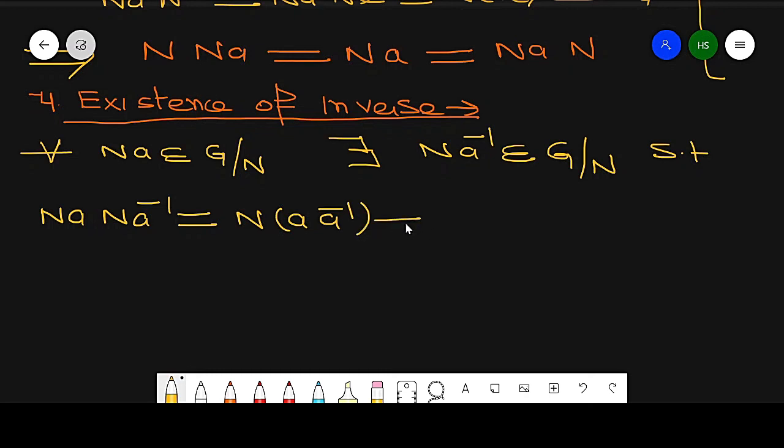Since a is a member of G, a a inverse is identity. So this is equal to N. What is N? N is the identity of G/N.